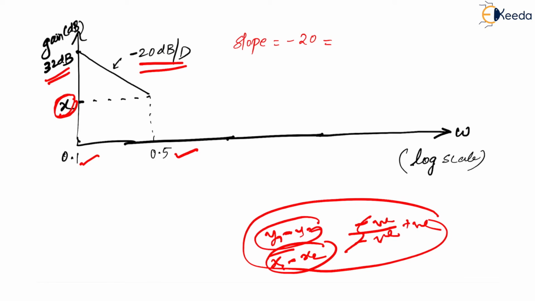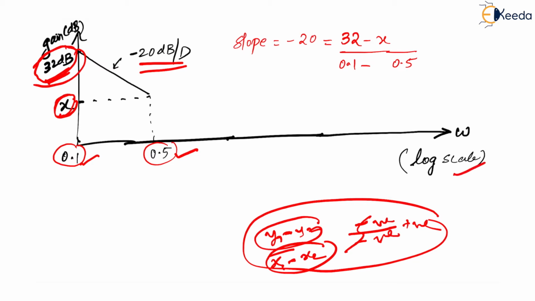Anyway, so if I think of this 32 dB, it becomes 32 minus x. So 32 minus x divided by what is there at 32? At 32 dB the frequency is what? 0.1. So it is going to be 0.1 minus what? Minus 0.5. Is this right? No. Why? Because it is a log scale.